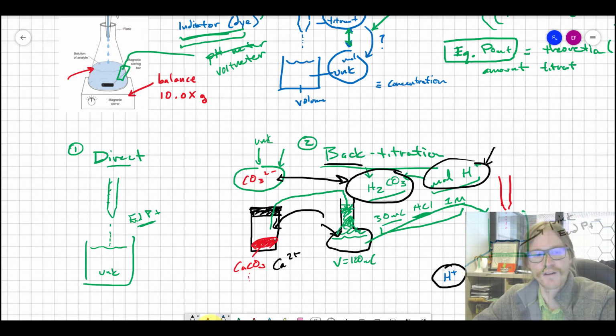And this is super helpful if we've got unclear endpoints, things that are difficult to identify. Because in this case, we're titrating a strong acid and a strong base, really easy to see, transparent to pink. Titrating a weak base like carbonate with a strong acid is really difficult to do with a color indicator. So this is a nice use of that.